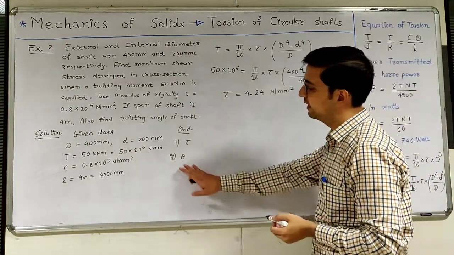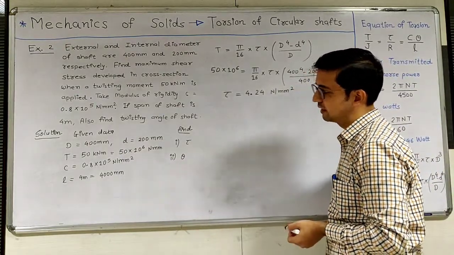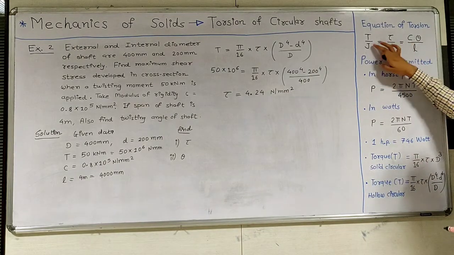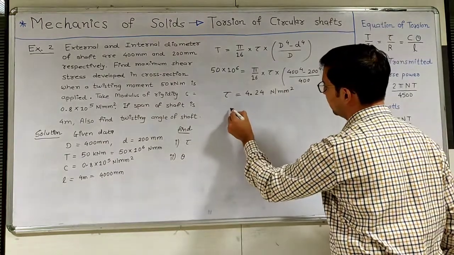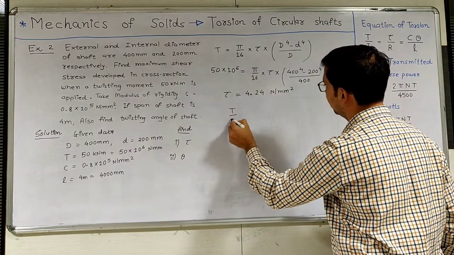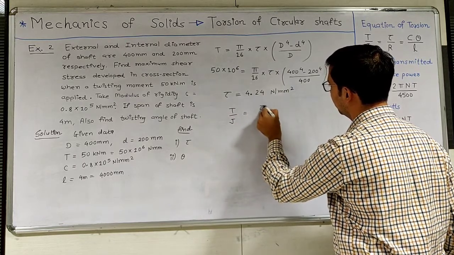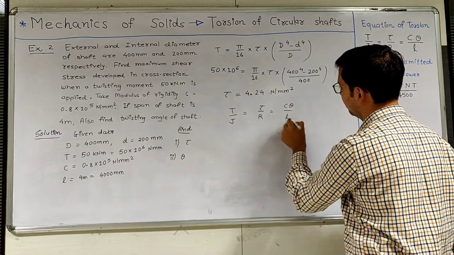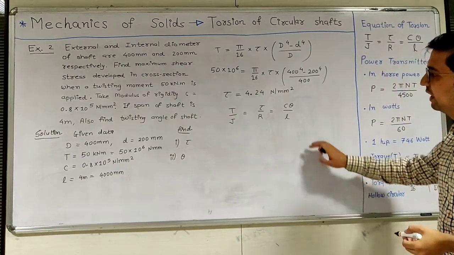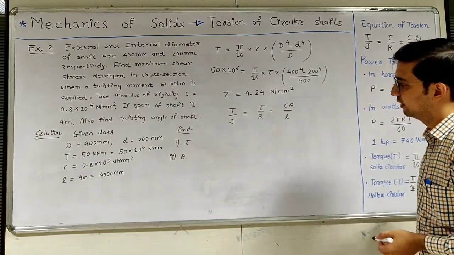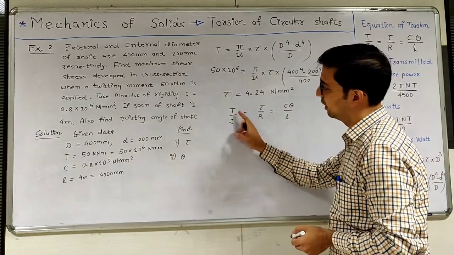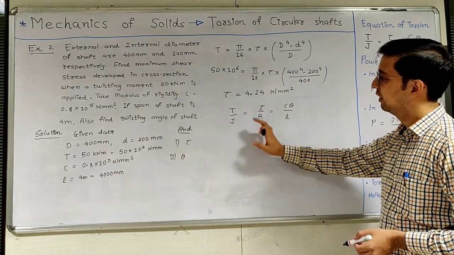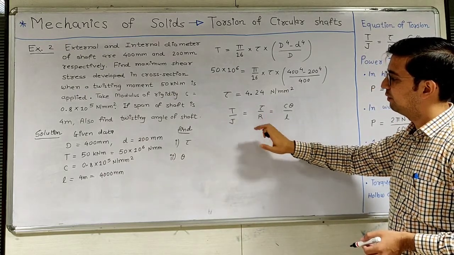Now the next parameter needed is the angle of twist. As we know, the equation of torsion is this. So first note down the equation of torsion. We need to calculate the value of theta. Here we have the value of torque, but not the value of polar moment of inertia, which is denoted by capital J. Now we have the value of shear stress tau.